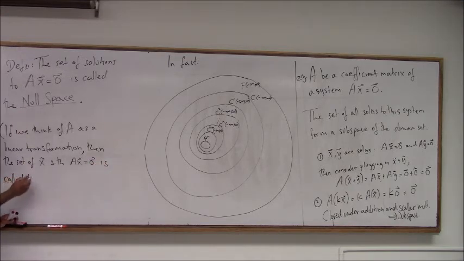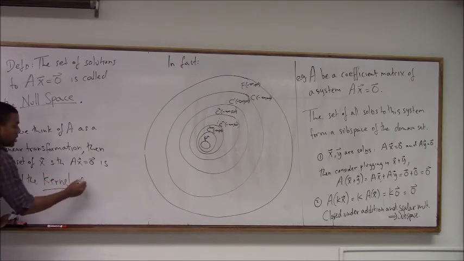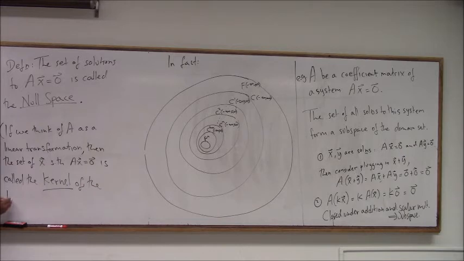It's called the kernel of the linear transformation. It's the same thing, like a subspace, it's just in a different context. We call it this name.